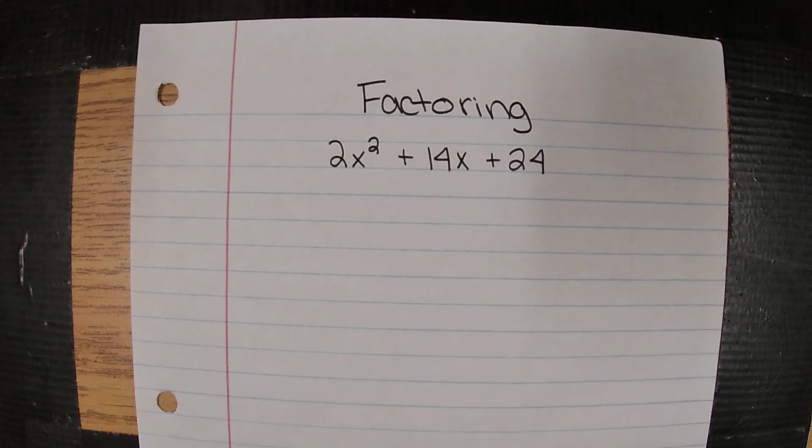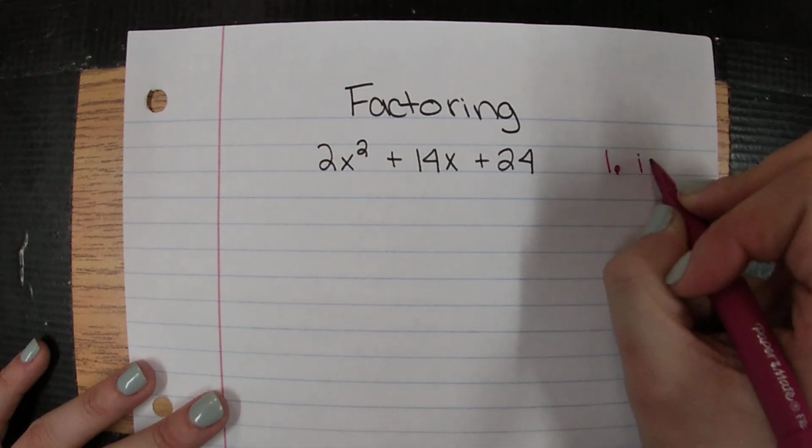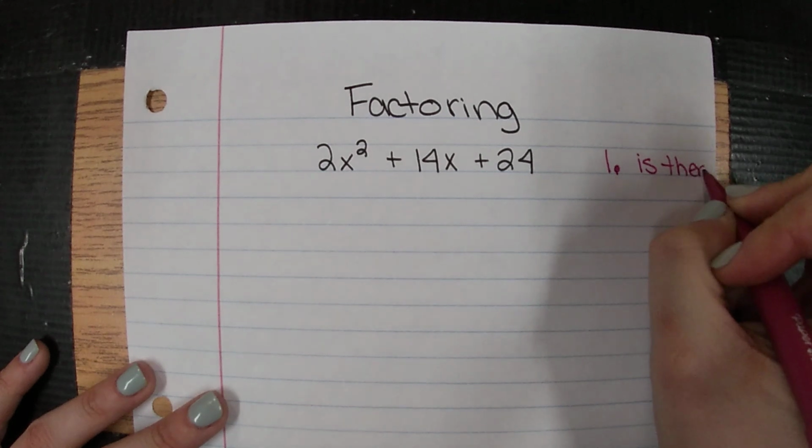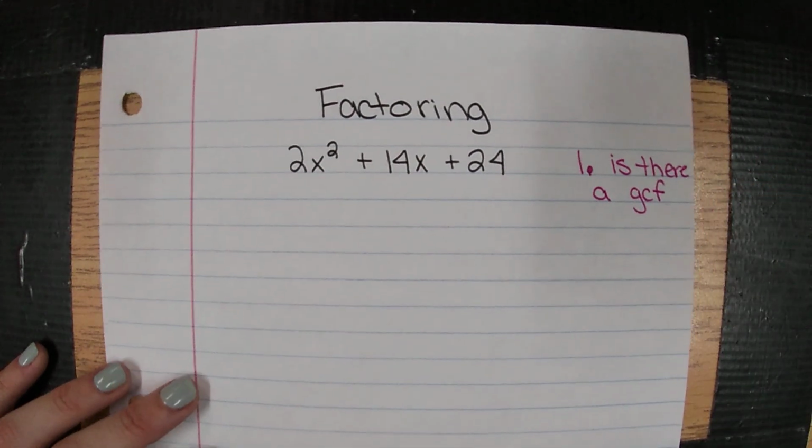However, a good habit to start is to always check and see if there's a GCF first. So if we're asked to factor, we want to say to ourselves, okay, is there a GCF? That's always going to be our step one. Not because it has to be, but because it's going to make your life a lot happier.